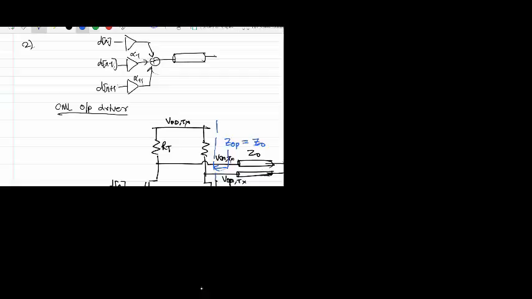Then on the receiver side also the same thing needs to be done: I need to terminate on the receiver side also with the same resistance RT. Now, if you look at a DC operating state, the I naught current is getting split between M1 and M2, right?